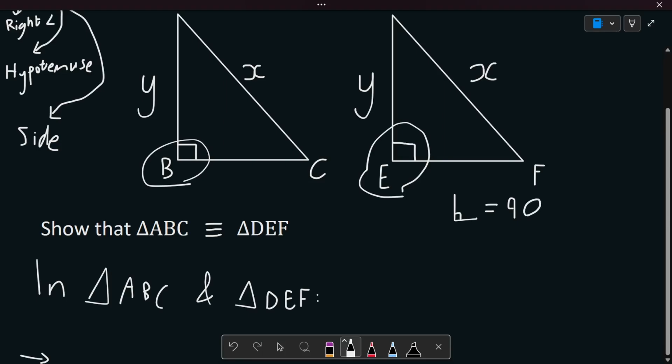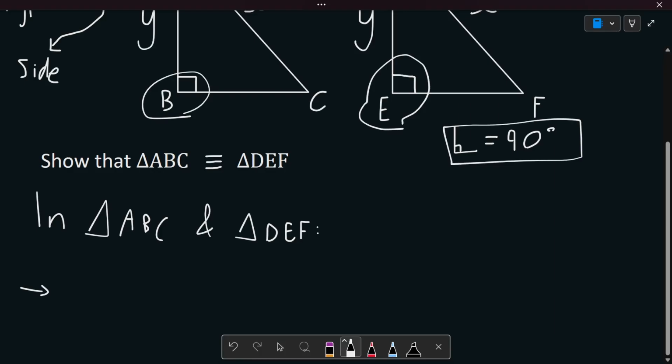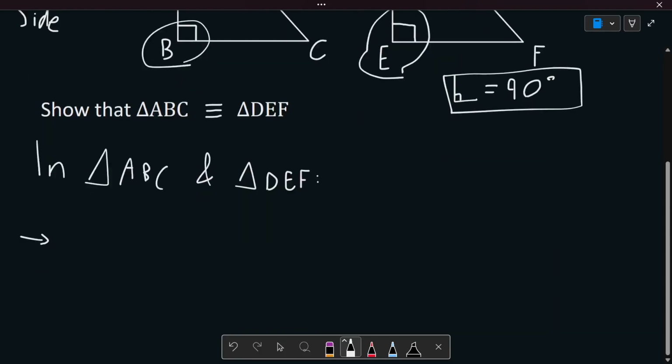Now, we can say angle B is equal to angle E, which is also going to be equal to 90 degrees. And this is given to us.